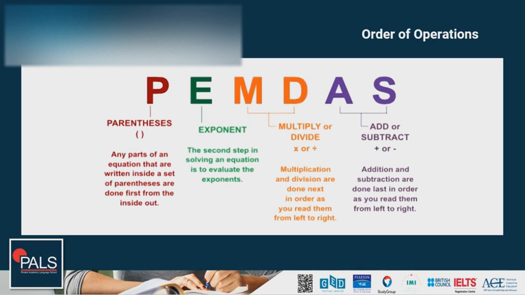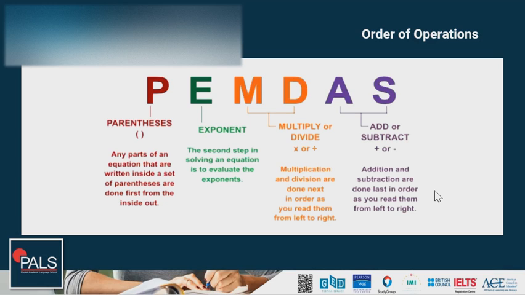If multiplication and division are arranged in order, you should evaluate them from left to right. The next letters are A and S. A stands for add, S stands for subtract. Addition and subtraction are done last, in order as you read them from left to right.